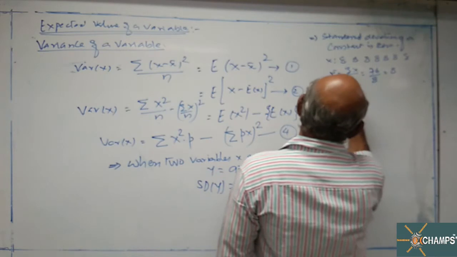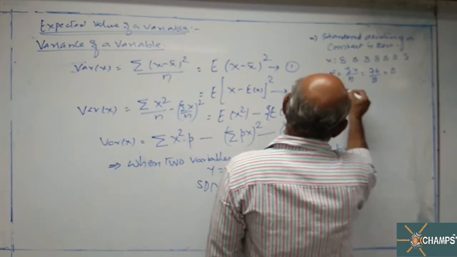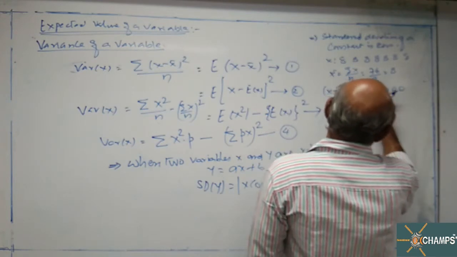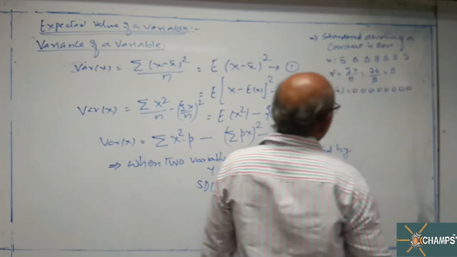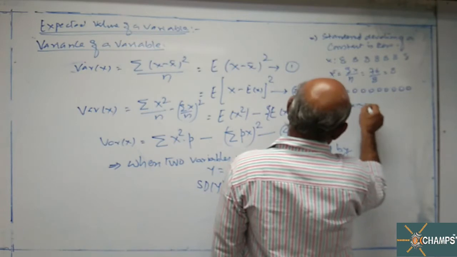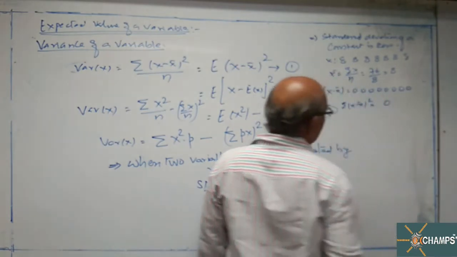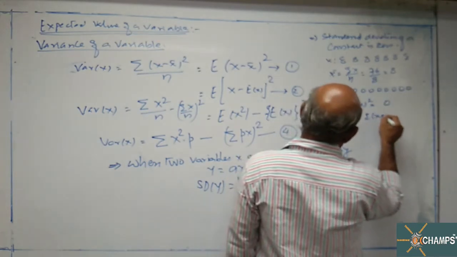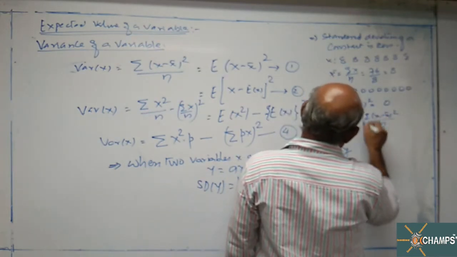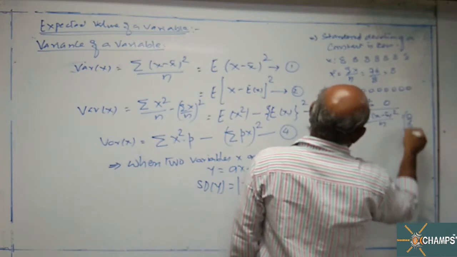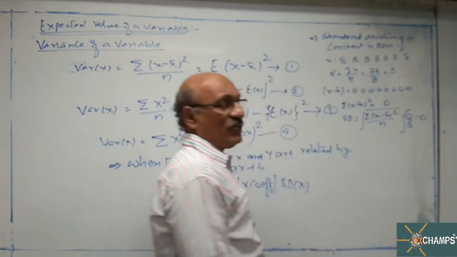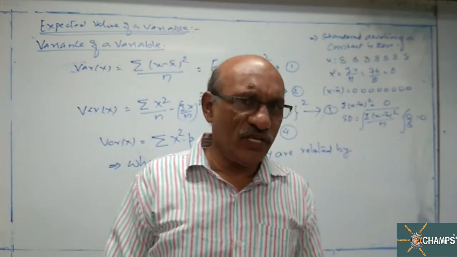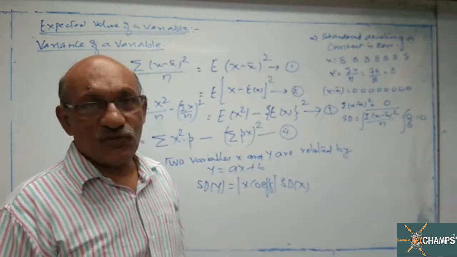X minus x bar is 0 for all 8 observations. Summation of x minus x bar whole square is total 0. So standard deviation is 0 by 8, which is 0. When the variable x assumes a constant value, standard deviation is 0. So variance is also 0.